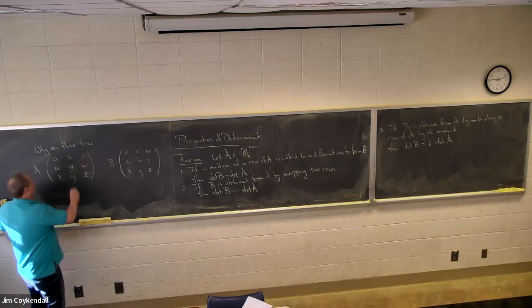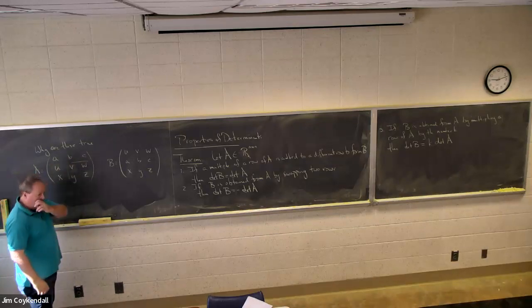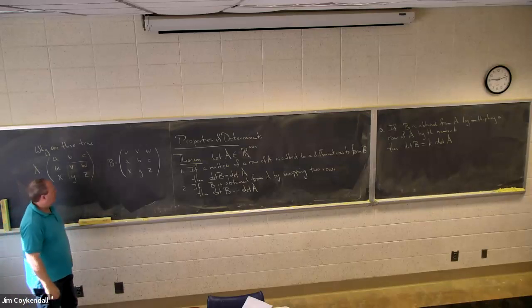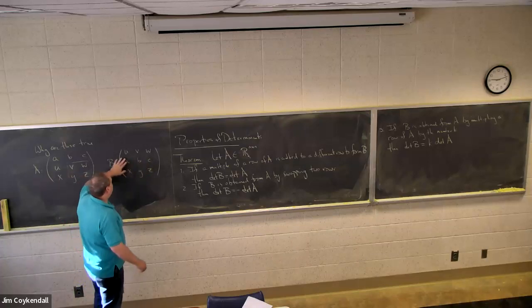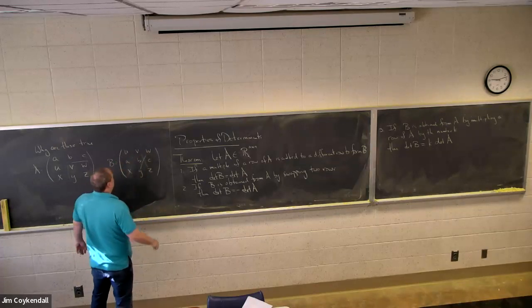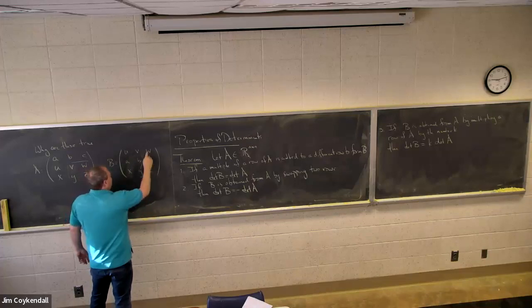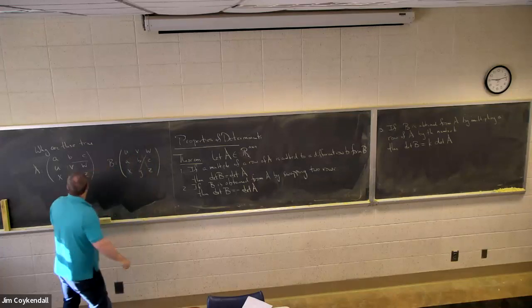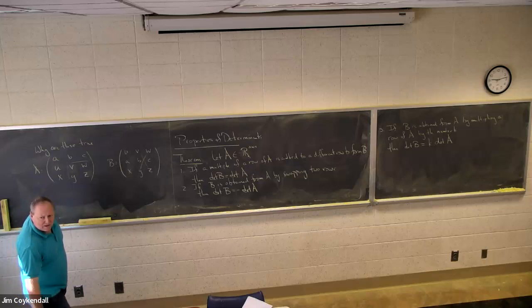And I get A times this determinant, negative B times the determinant of the sides, and C times the last one. Everybody agree with that? What happens if I expand B around the middle row? I get A times, don't I get the same determinant here? BZ minus YW, and then negative B times UZ minus XW, and then finally C times UY minus VX. Don't I get the same thing? It seems like I get the same thing, but actually, why does the sign change here?